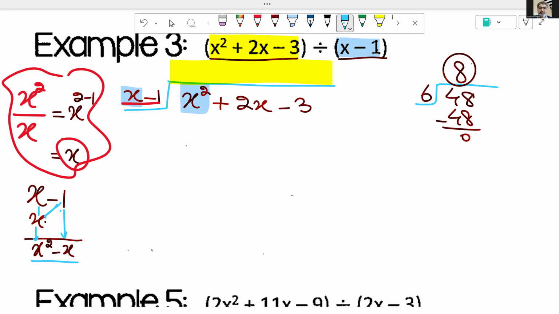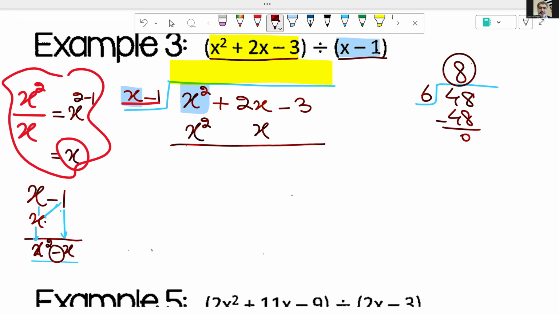Now this is the expression that you will bring down over here, matching the exponents. x squared will be below the x squared over there, and the x is going to be below the x term. So we will match definitely the variables. What was the sign here for the x? This sign is a negative sign.